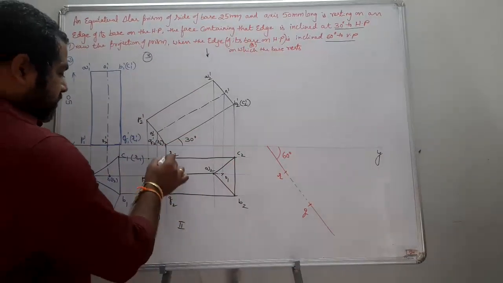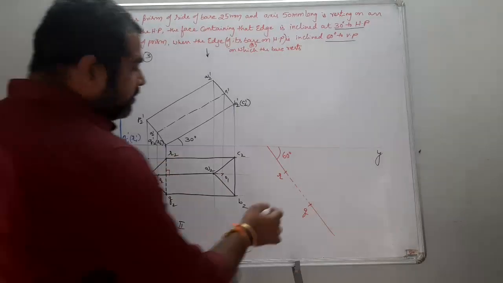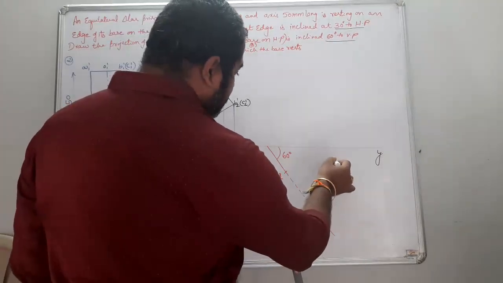And you know that this QR and PA are going to be perpendicular to each other. So I just draw the line of perpendicular.